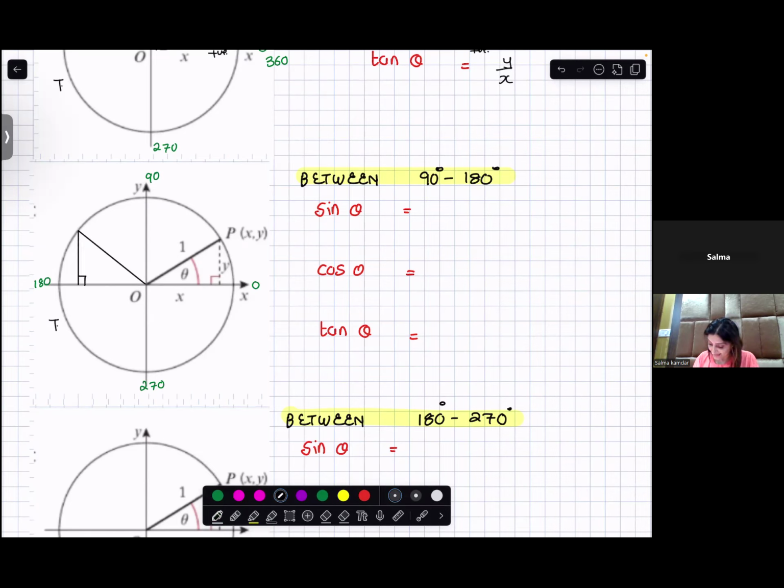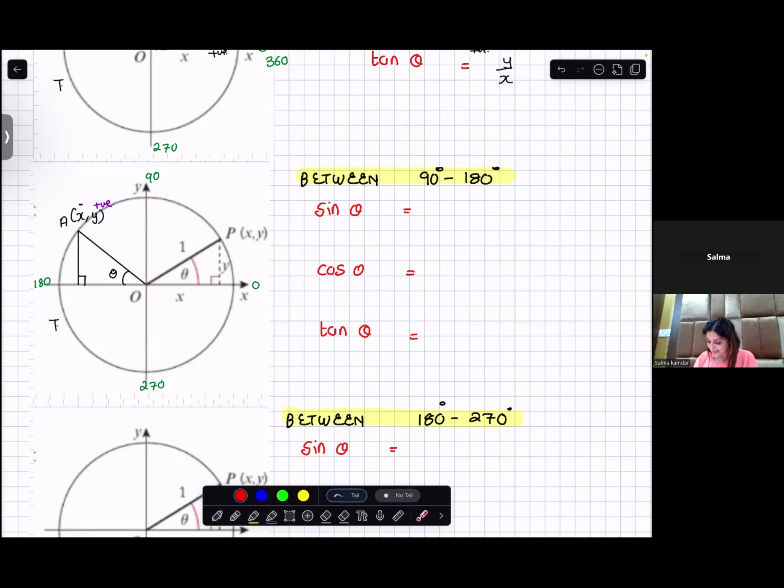So this would be 90 degree. This would be theta. Now I'm going to name it as another point, that is (x, y). If I look at the x coordinate of this angle, the x coordinate is going to be negative and the y coordinate is going to be positive.